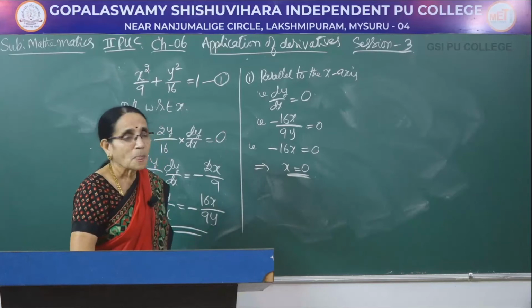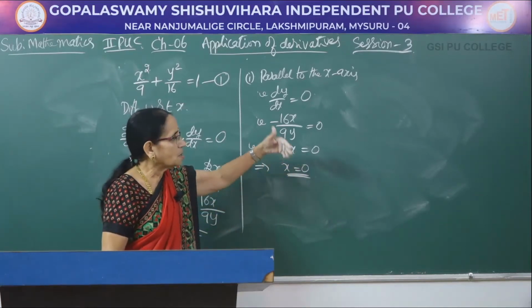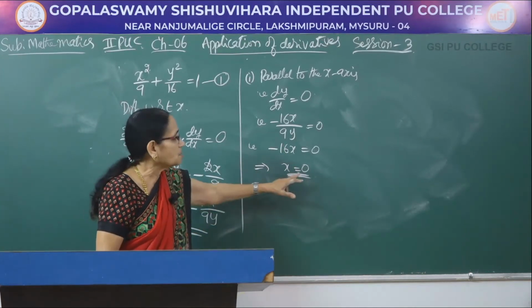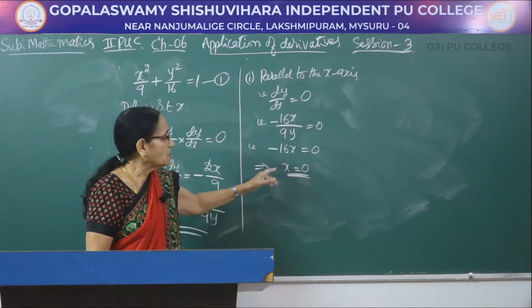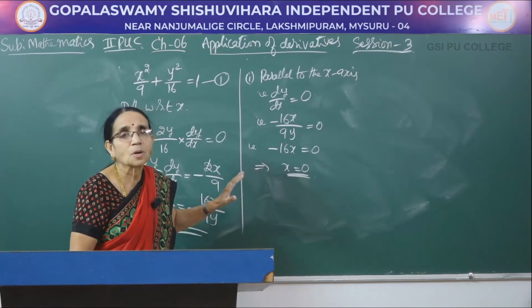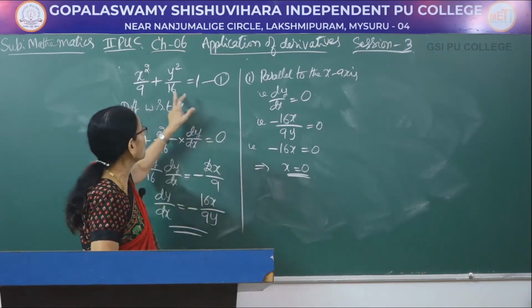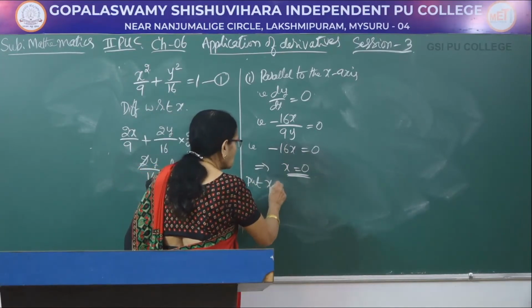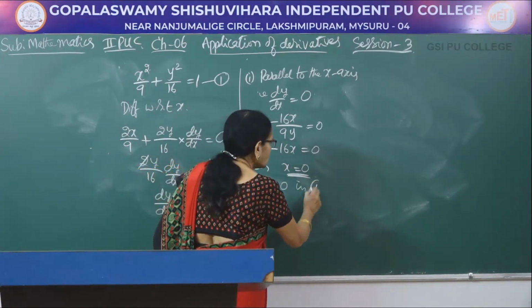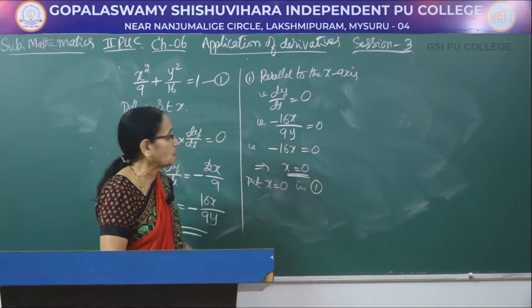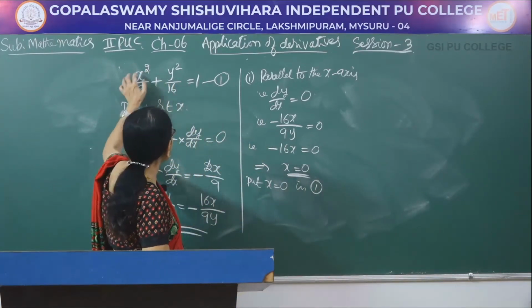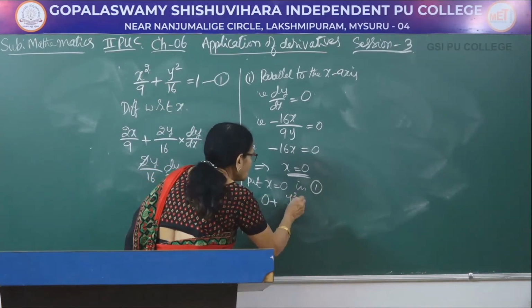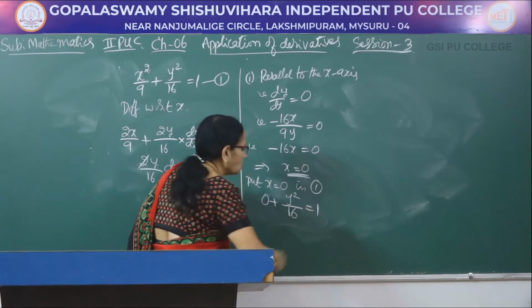Just now I told you, when the points lie on the x or y axis, their other coordinate would be 0. I got x equal to 0. That means the x coordinate is 0, so you have to get the y coordinates. For that, go back to the given function and put x equal to 0 in the first result. When you put x equal to 0 here, this term vanishes, that is 0 plus y square by 16 equal to 1.